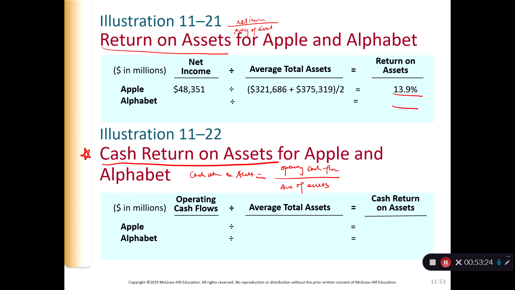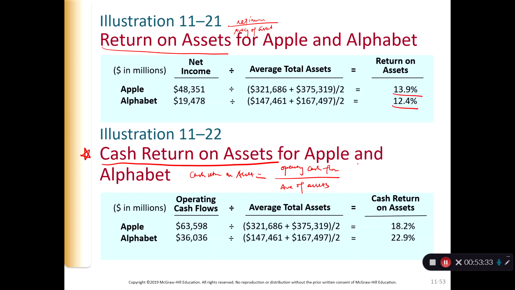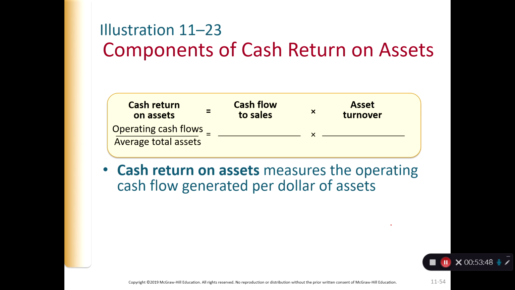The operating cash flow, if you remember, for Apple is $63,000 and Alphabet is $36,000. Therefore, you can see the cash return on assets for Apple is 18.2% and Alphabet is 22.9%. And this is something interesting: cash return on assets measures operating cash flow generated per dollar of assets.